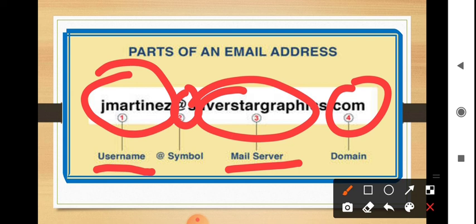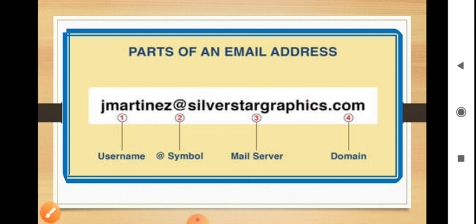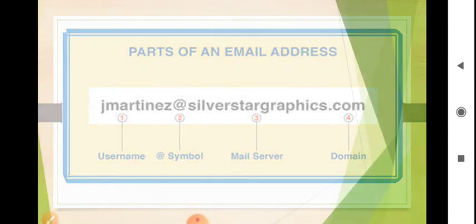Instead of only letters, you can use numbers also in your email ID. Gmail indicates the name of the email service provider.